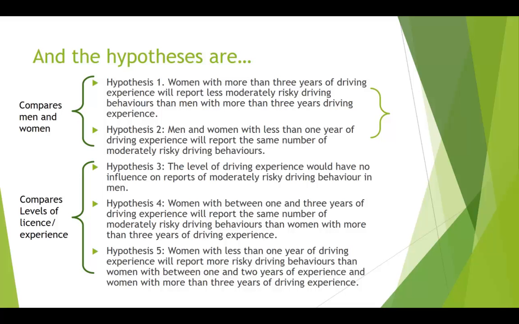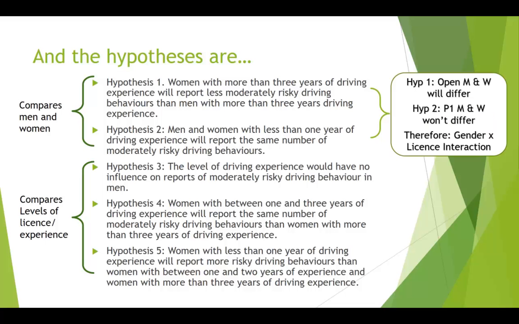Put those first two hypotheses together. The first one says at the open level of license, men and women will be different, men more risky than women. Hypothesis 2 says at P1, so less than 1 year experience, men and women won't differ. Women are just as risky as men on P1s, but then later on, men are more risky.